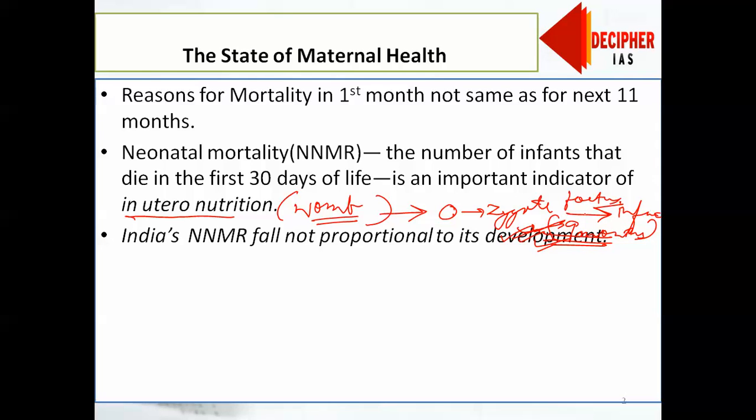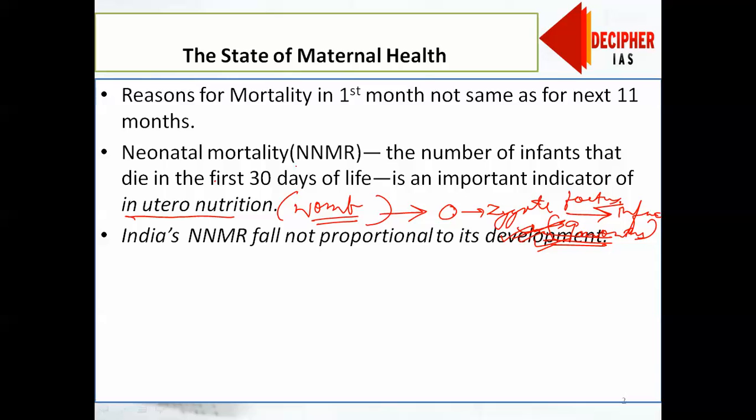India's NNMR, that is neonatal mortality rate, fall has not been proportional to its economic development. What does this mean? The countries which have achieved as much economic development as India has achieved now have a much lower NNMR than India's.